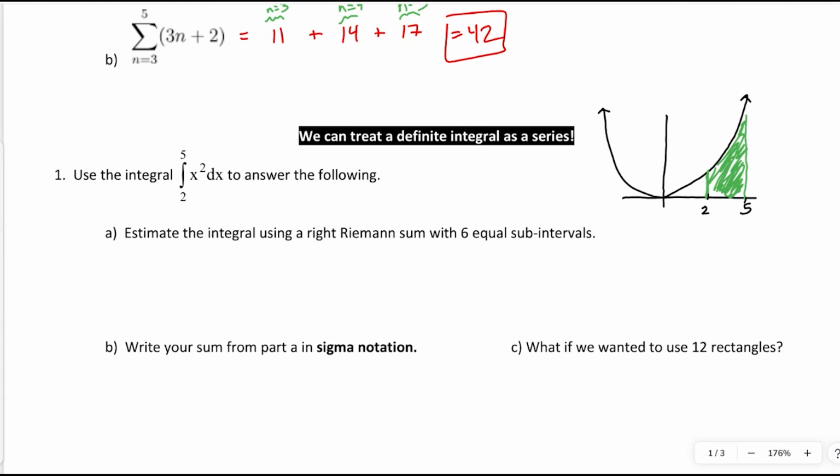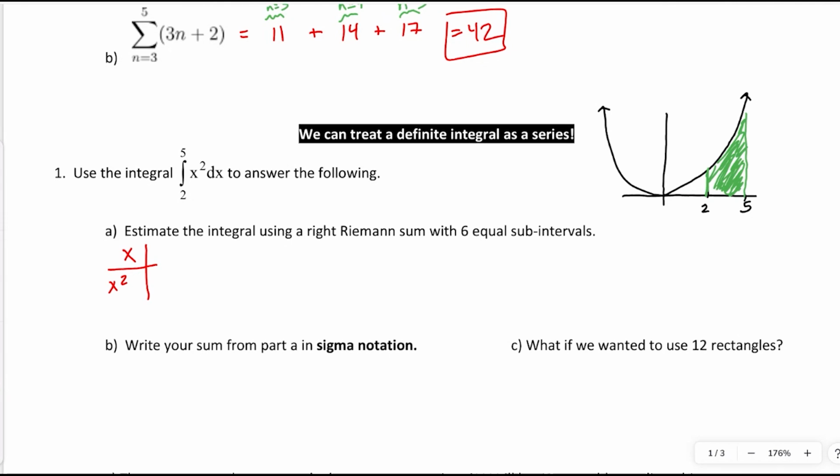All right, let's make a little table here for x and x squared. We're going to have 2, 2.5, 3, 3.5, 4, 4.5, and 5.